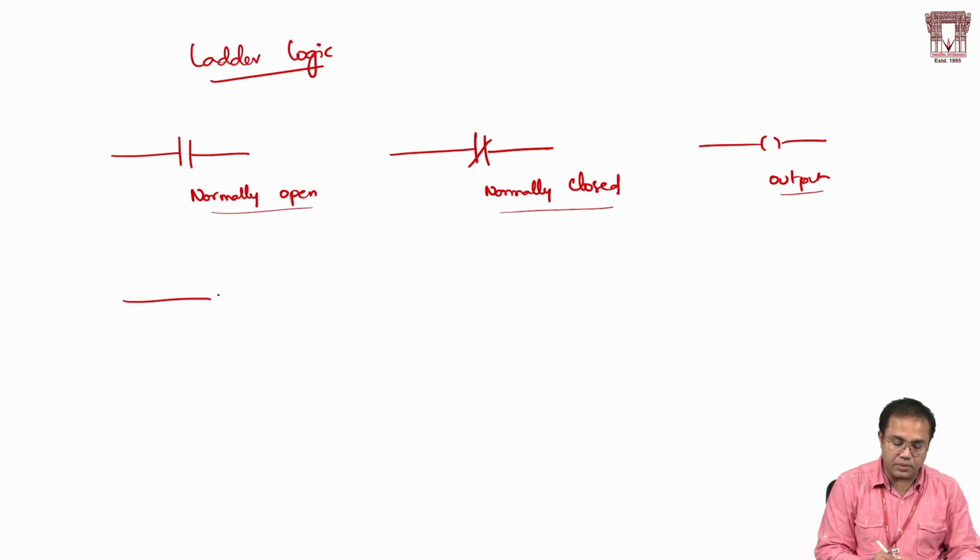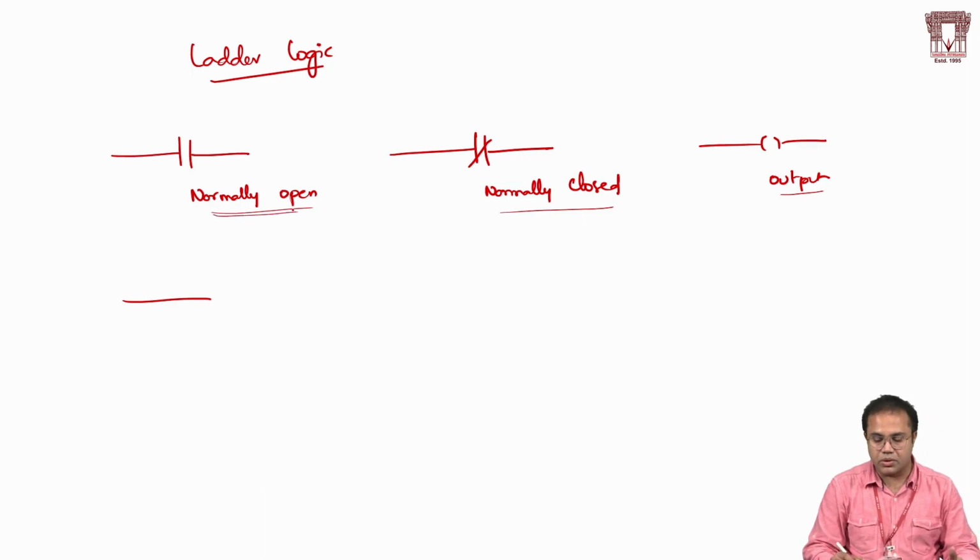One more thing: these names, normally open, normally closed, and output, look very familiar, right? Yes, that's true. These names are derived from relay logic. Before the PLC, we used to work with relay circuit boards.